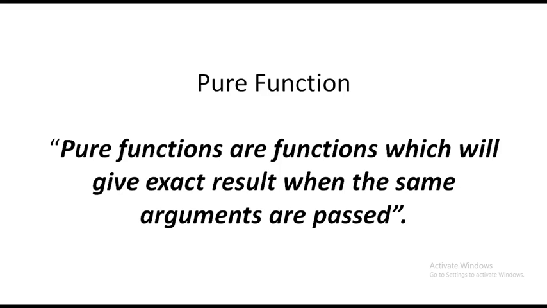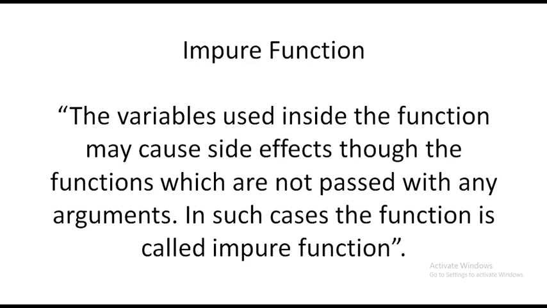For the parameter we pass the argument, return x times x. However many times you give the same value for the variable x, it should produce the exact same output, so that is also known as a pure function.